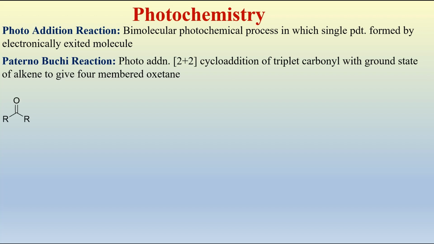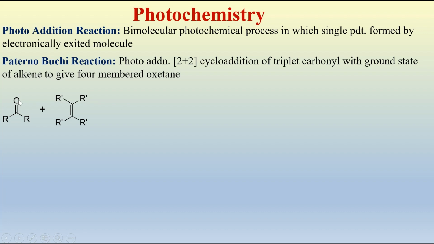In Paterno-Buchi reaction, a carbonyl compound reacts with an alkene. The carbonyl group is the chromophore, and it absorbs energy and gets excited to the triplet carbonyl state.